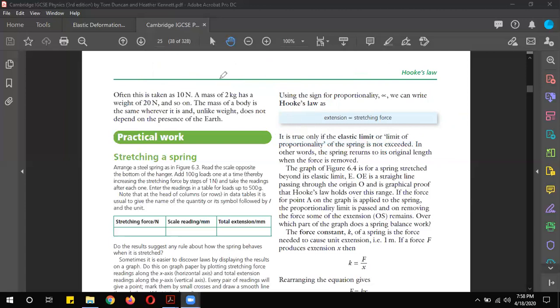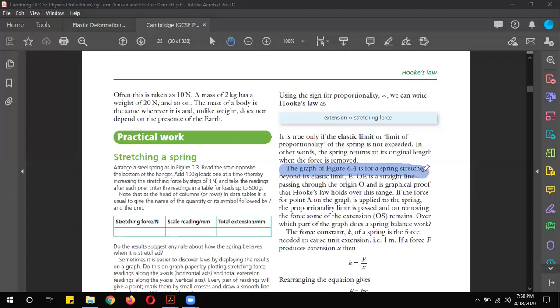But if you cross the elastic limit, it won't be directly proportional to the force; the increase in length will become exponential, so it is no longer direct proportionality.